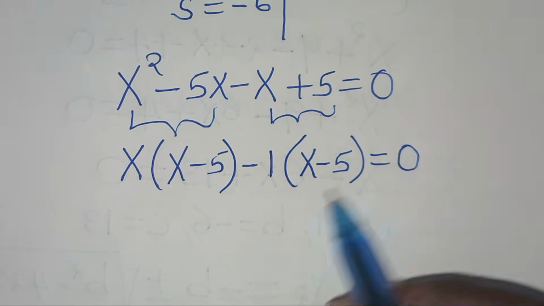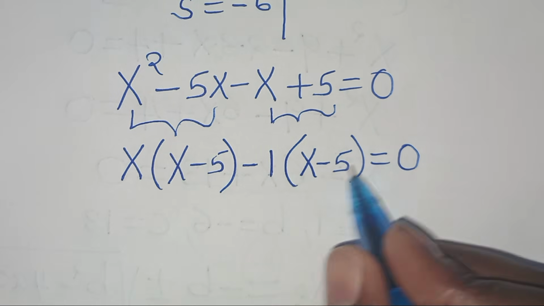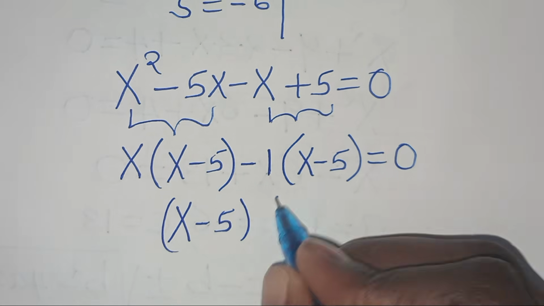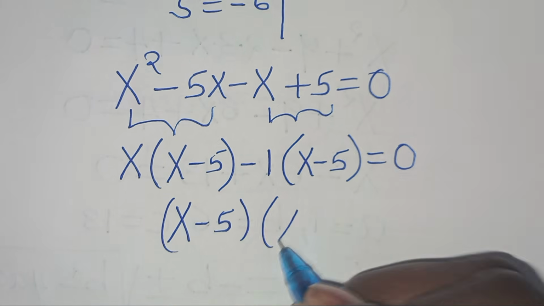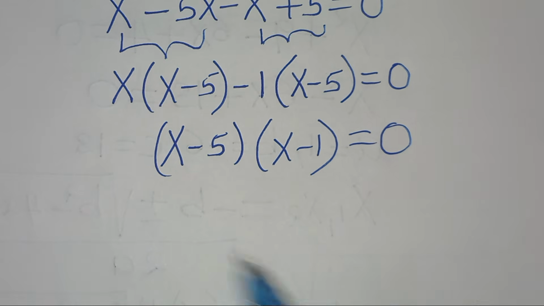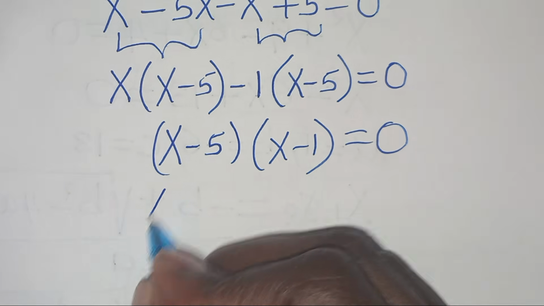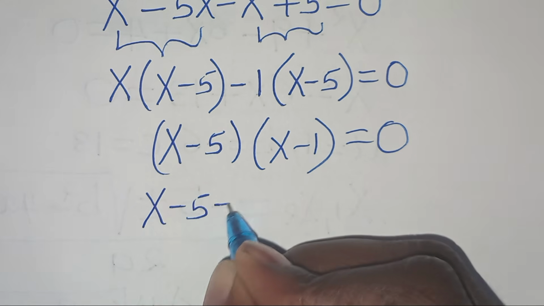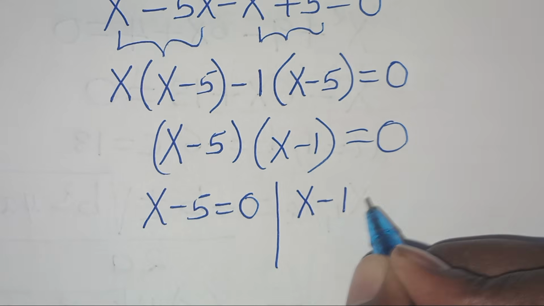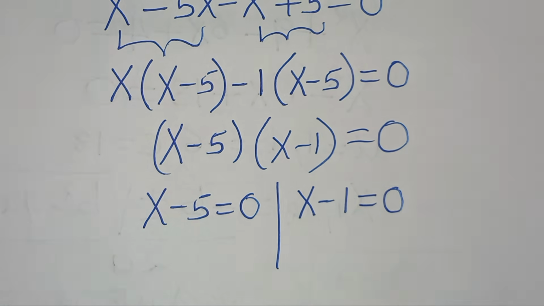So in this case here, we have x minus 5 is common, so we factor out x minus 5. Then we have x subtract 1. This is equal to 0. So we have got two parts here. This is x minus 5, equal to 0. Then we have x subtract 1, equal to 0.